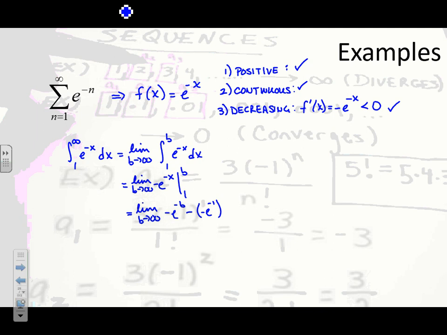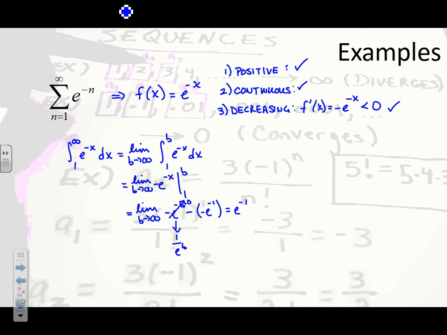If we take b to infinity, what's going to happen here? Since this is e to the negative b, this is equivalent to 1 over e to the b. If I make b go to infinity, that means I'm going 1 over a very large number. So this goes to 0, which leaves us with e to the negative 1, or 1 over e.